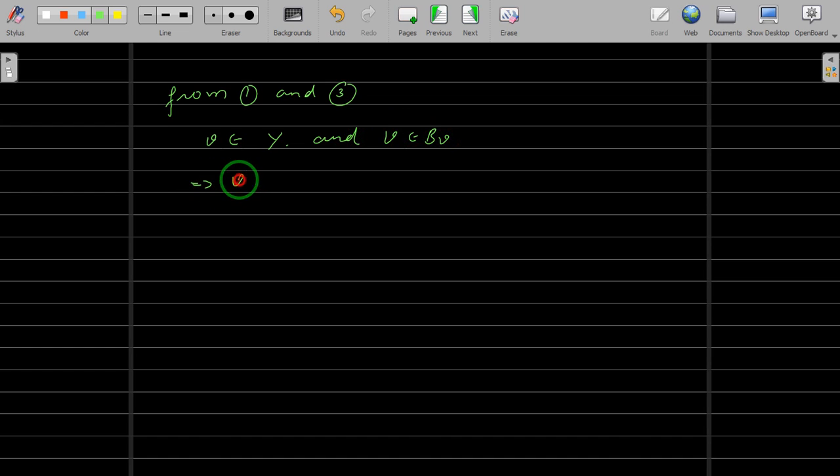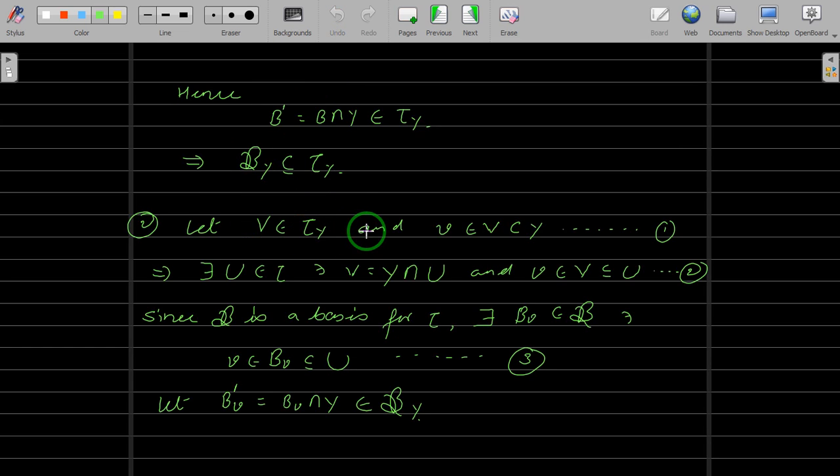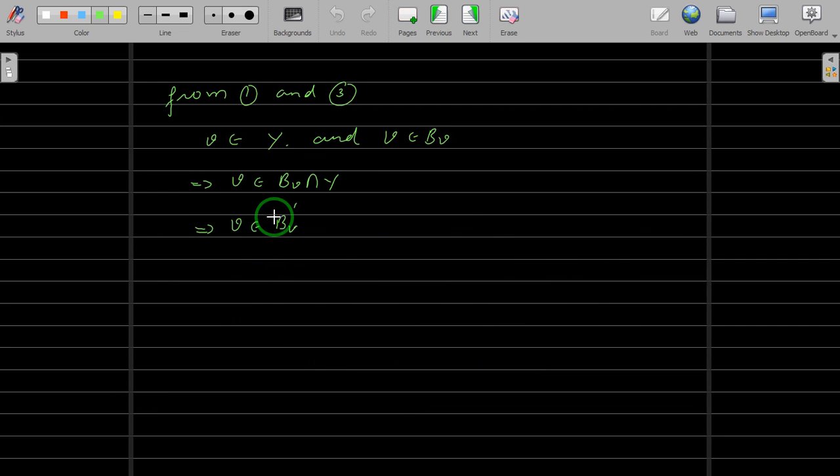This implies V belongs to B_V intersection Y. This implies V will belong to B_V dash. And secondly, we have to show that this B_V dash is contained inside U. That's what we started with, we have taken some open set U. So we have to now show that B_V dash is contained inside U. You take a pause, we work on that, and then we can proceed.